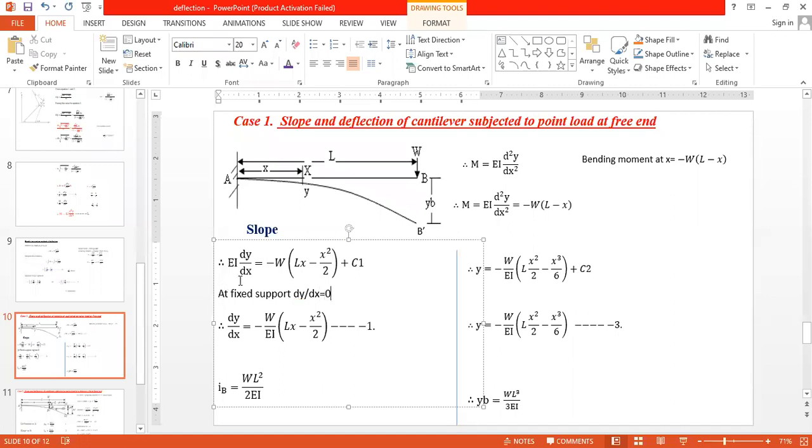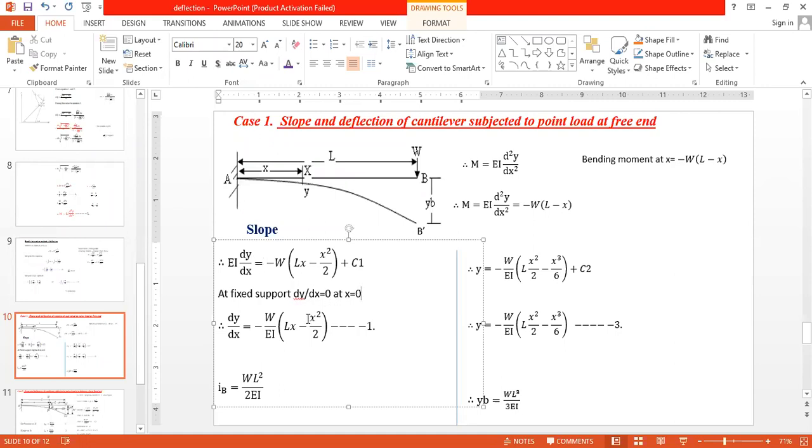It is at x equal to 0. Your fixed support is at A, and at that location your x distance is 0, and dy by dx is 0.